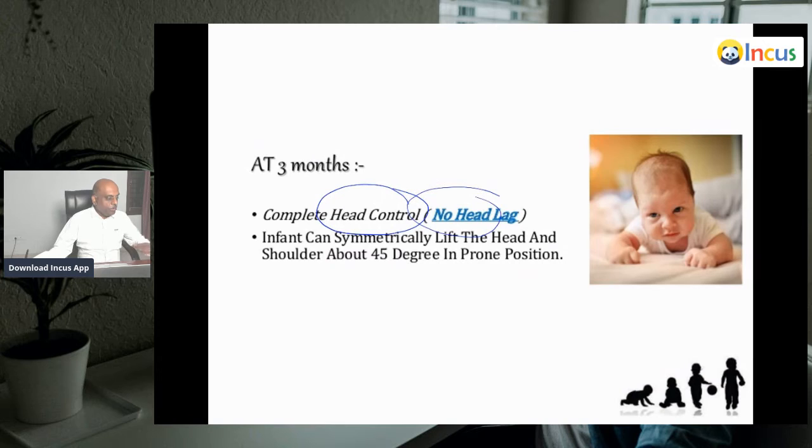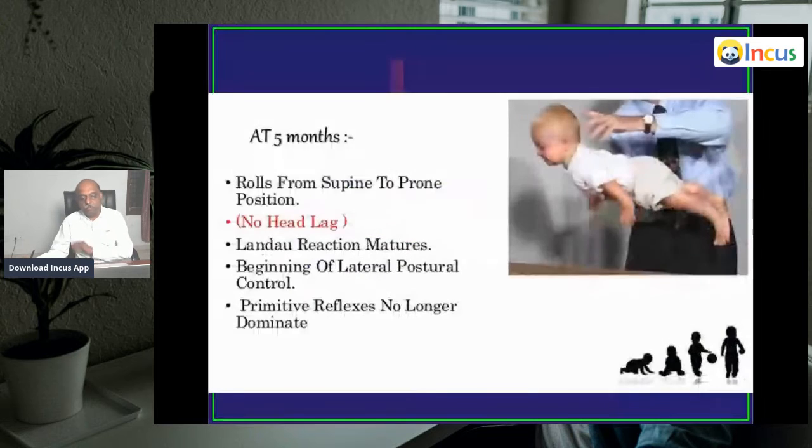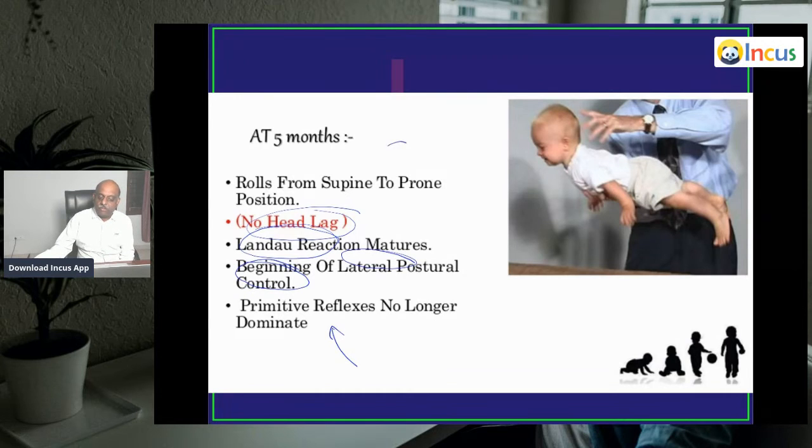And if you put him on a prone position, they can symmetrically lift the head and shoulder about 45 degrees in prone position. At 5 months, no head lag. The Landau's reaction matures. Lateral postural control. Primitive reflexes are no more there and he rolls from supine to prone position.